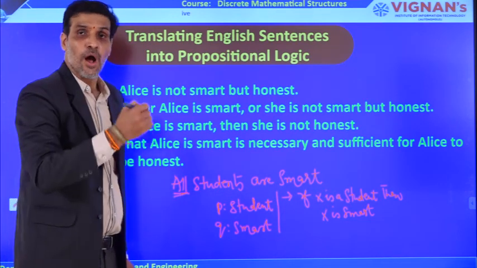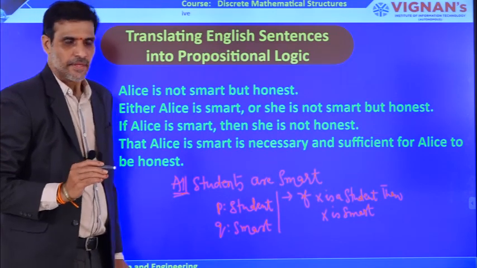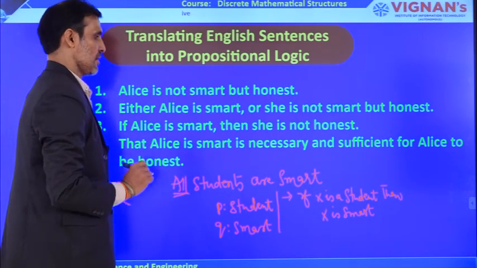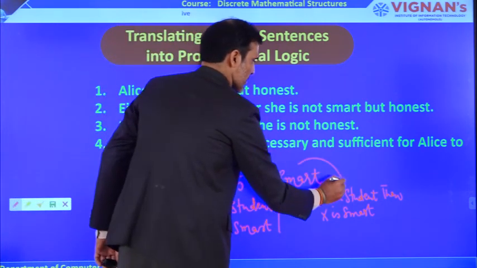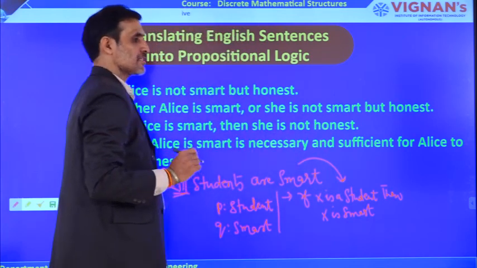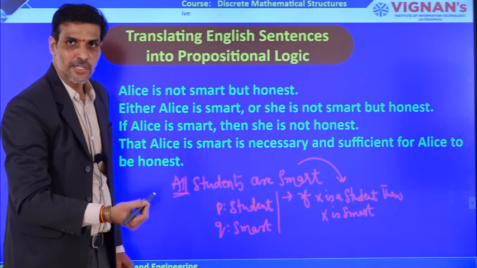To represent all in propositional logic, there is no syntax. So it is not possible to convert this particular sentence into the form of propositional logic. Why is it not possible?